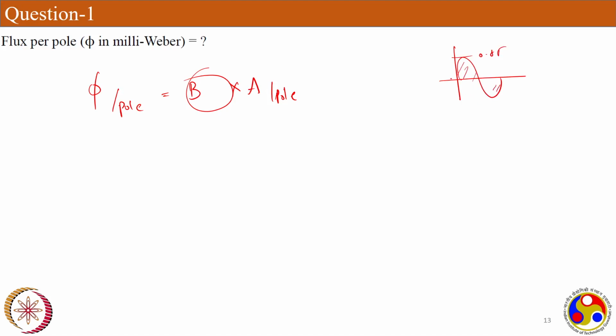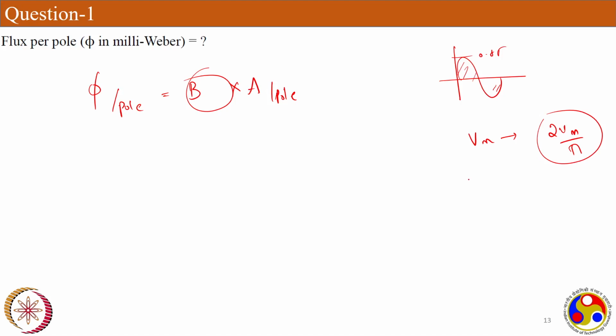So the average of a sinusoidal, of course, since it's symmetrical, will be zero. We need to take the integral of this flux density. So we know usually if there is a maximum quantity Vm, the average over a sinusoidal will be 2 Vm by pi. You remember that, right? That's the magnitude of the average quantity.